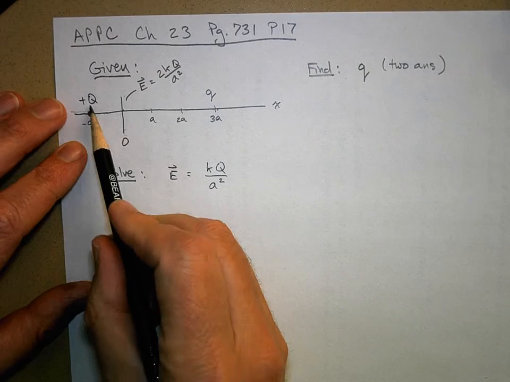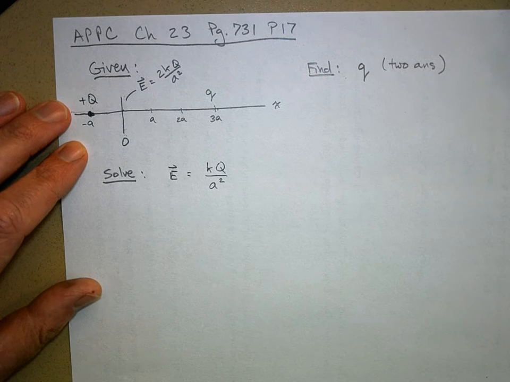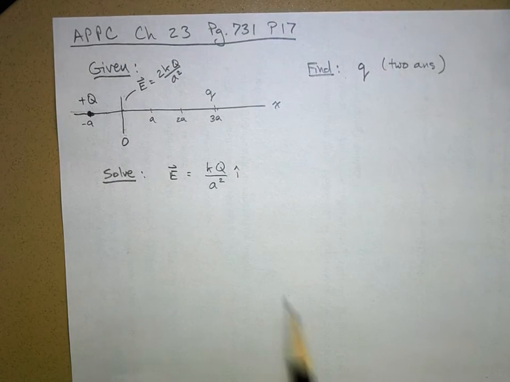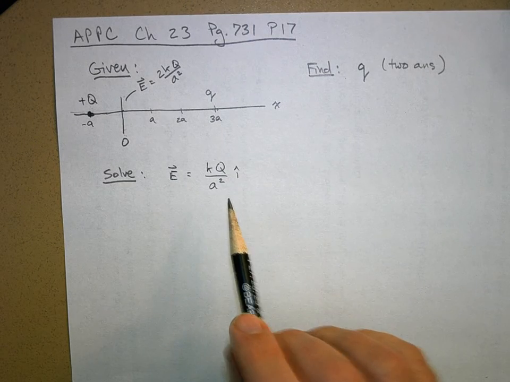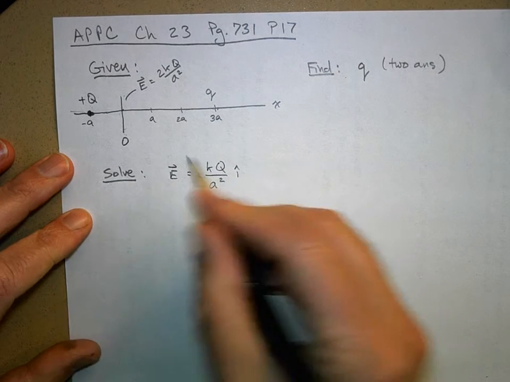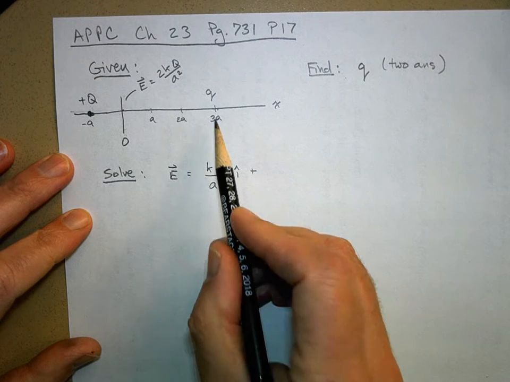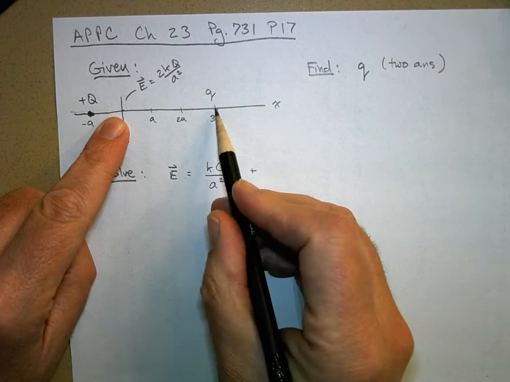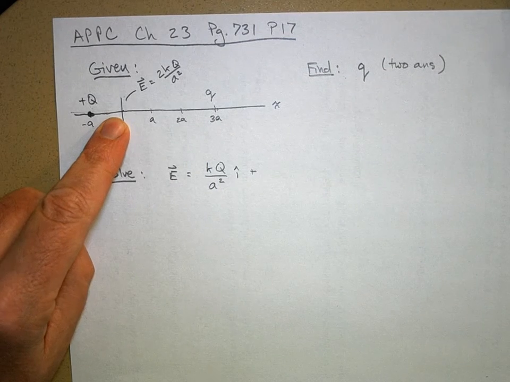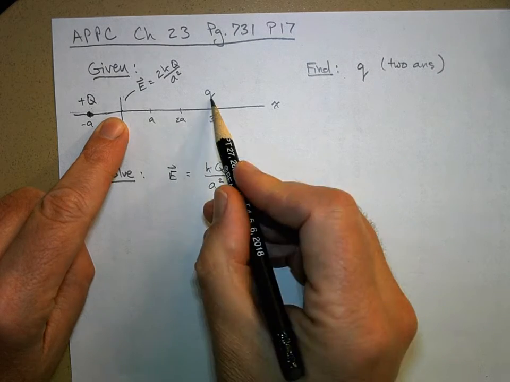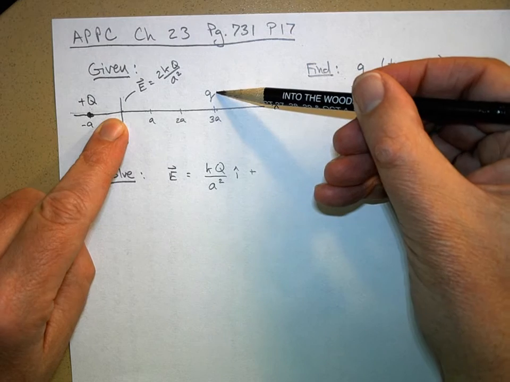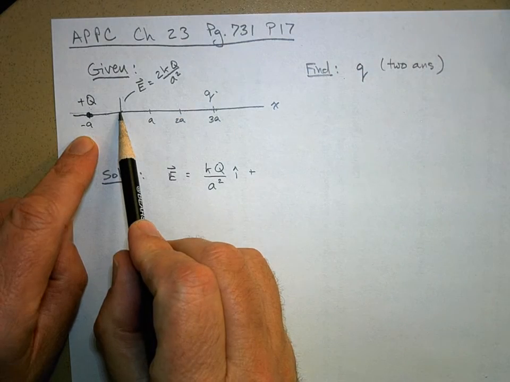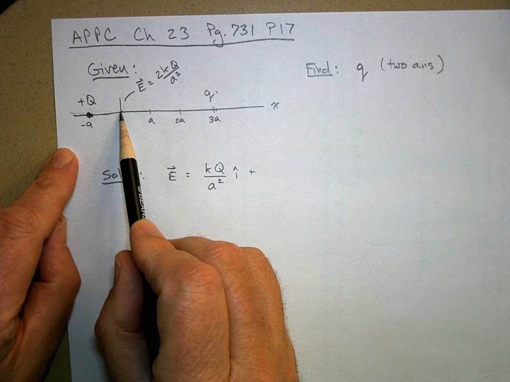And this is a positive charge, so this is going to be in the positive i hat direction. Now, one of the things, I'll get to that in a minute. Then we're going to add to that the field from this charge. And let's say that it's a negative charge. If this little q right here is a negative charge, then it's going to attract whatever positive test charge I put at the origin.